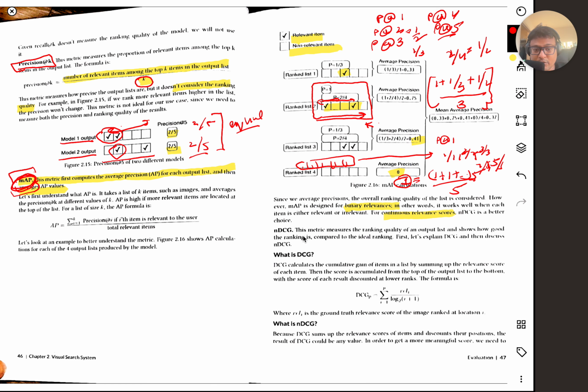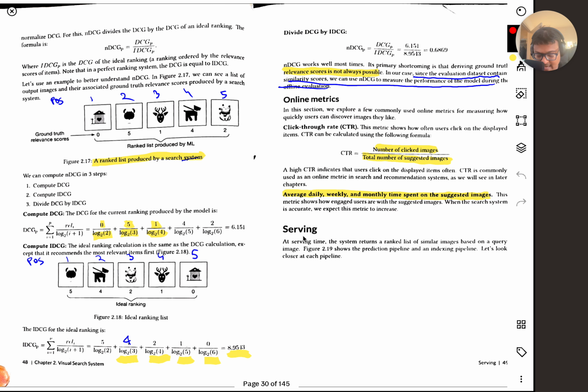There is another metric known as DCG, discounted cumulative gain, and it is a bit tricky. Let's say your query image was a dog. This is meant to be a dog; I'm sorry, I'm not able to draw a dog that well.